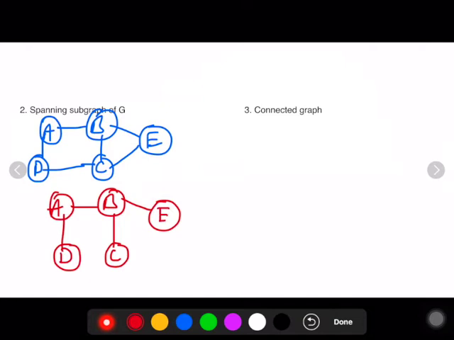In this case, if you see, it is containing all the vertices of G but will not contain all the edges of G.